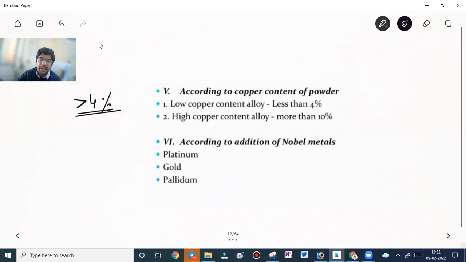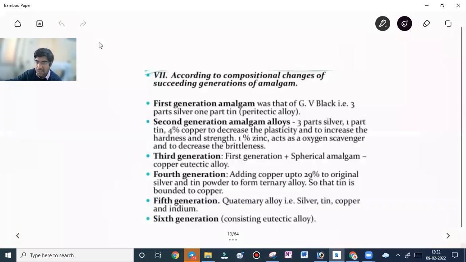Another question that can come in your entrance exam is that high copper content means more than 10% copper. Another classification is according to the addition of noble metals, which could be platinum, gold, or palladium.